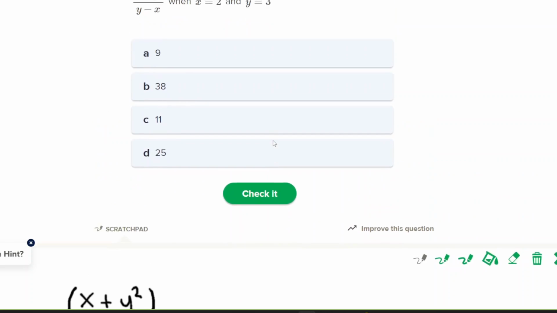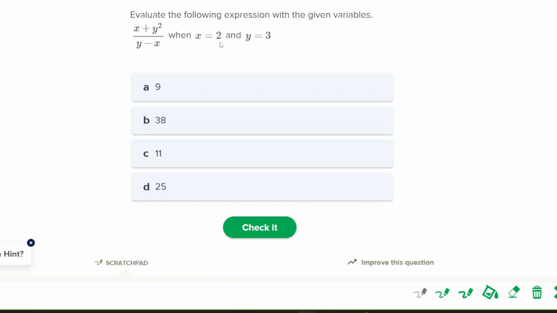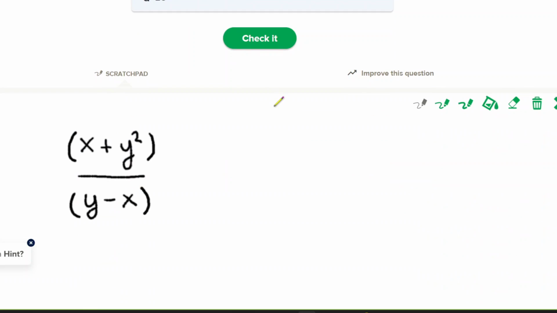And we're asked to evaluate this when the value of x is 2 and the value of the variable y is 3. So write that here, right? When x is replaced with the number 2, y is replaced by the number 3. So let's do that. In the numerator we have 2 plus, and then this y is being squared, so there's something happening other than just y.